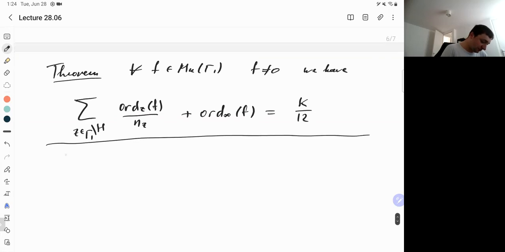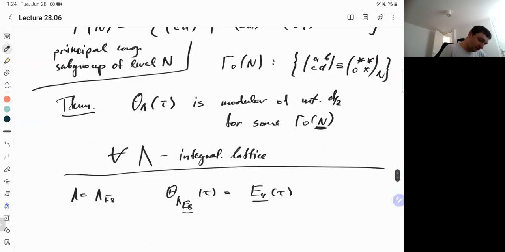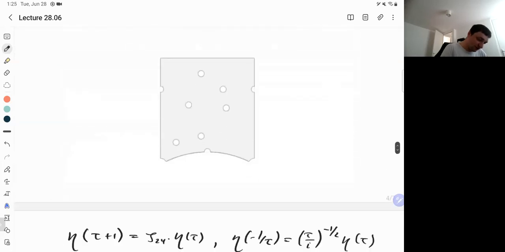The way to prove this, I won't do the calculation, but I will tell what you have to do. You integrate the logarithmic derivative of f over something that some people call a Swiss cheese contour. Let me show you what this Swiss cheese contour looks like.